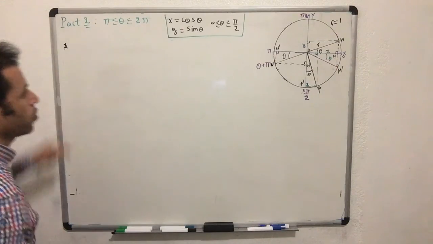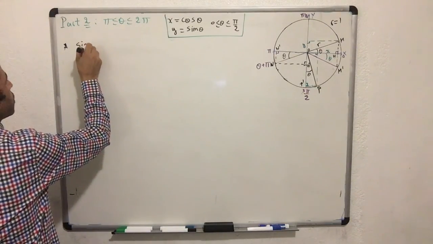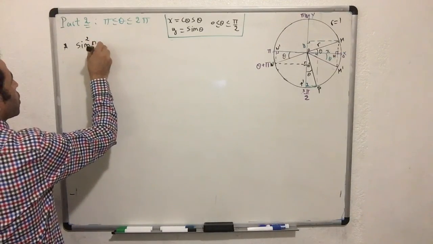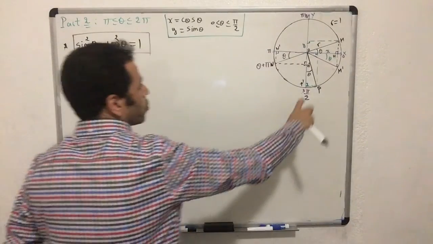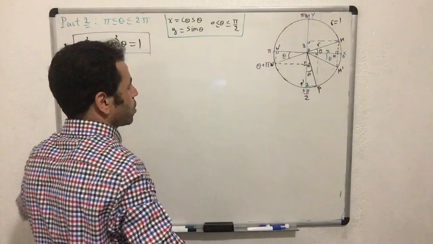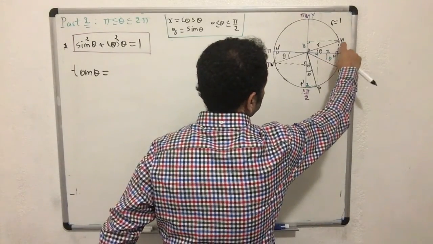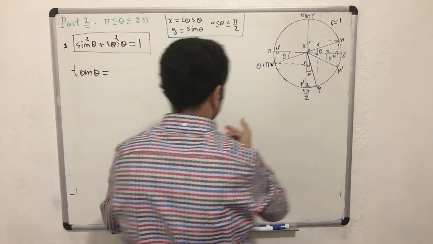Now, in this last step, we already verified sine square theta plus cosine square theta equals 1. For the tangent theta, we have the opposite divided by the adjacent.